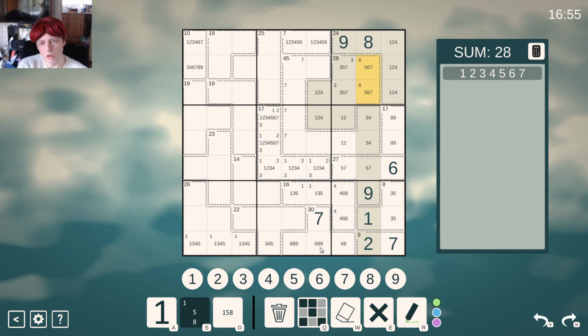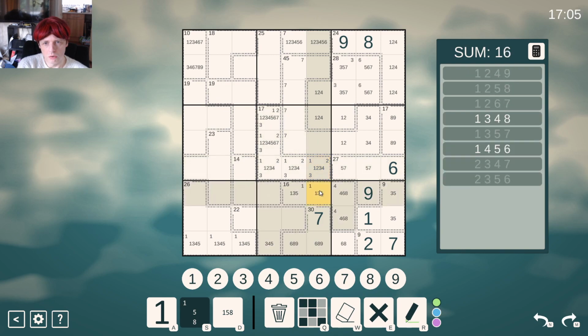One, two, three, four. Given that we need 5, 6, 7, 8, and 9 in this column, where can we put 5?